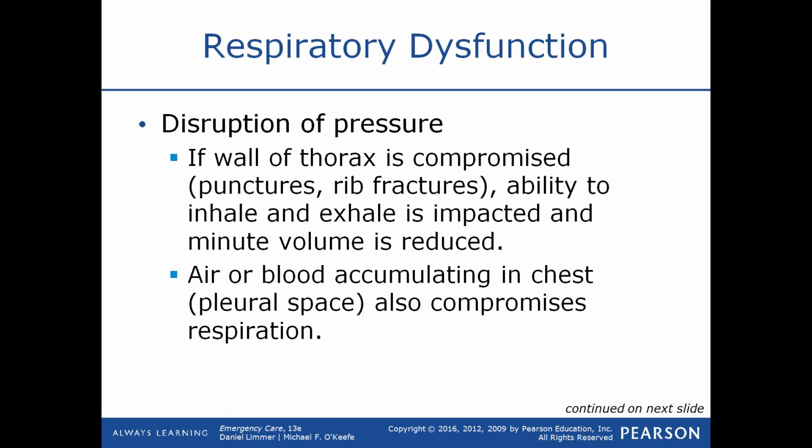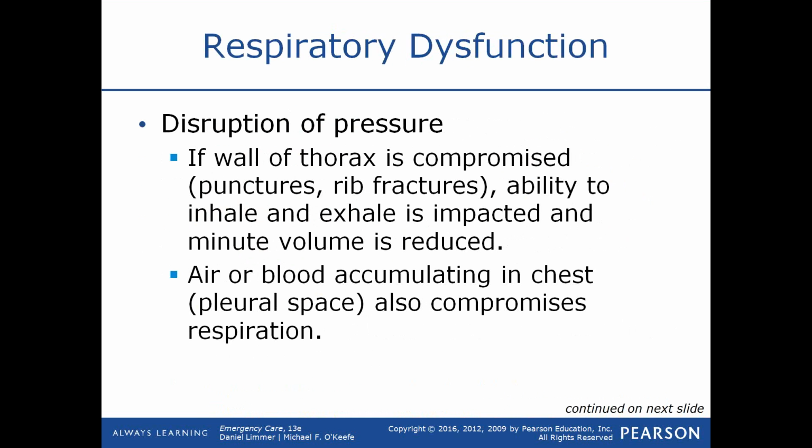If the wall of the thorax is compromised, in other words, the ribs break and the broken bones puncture the lung, then the patient may not be able to take as big a breath. And if they can't take a big breath, they're not going to be able to move enough minute volume.